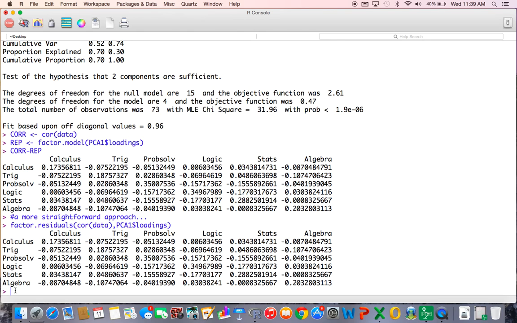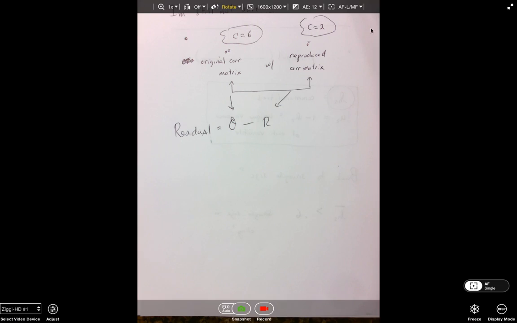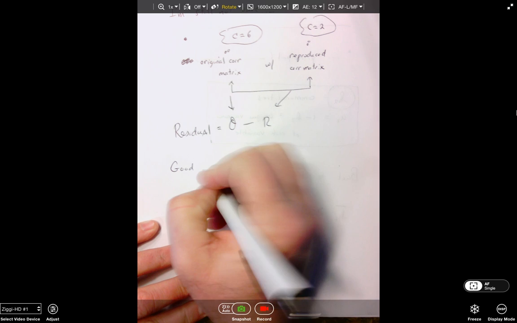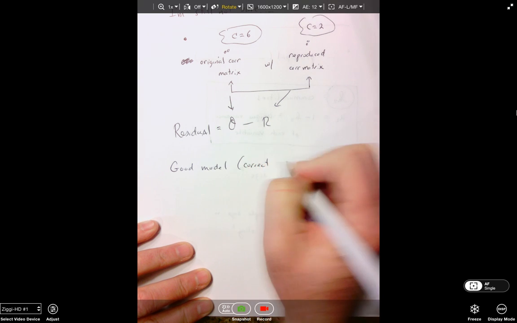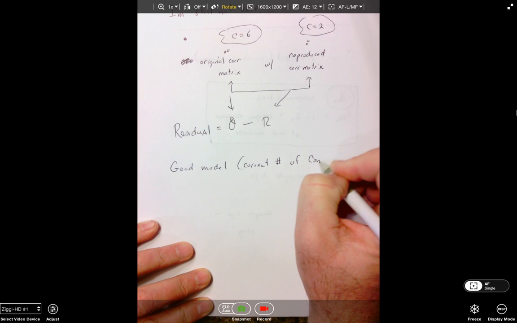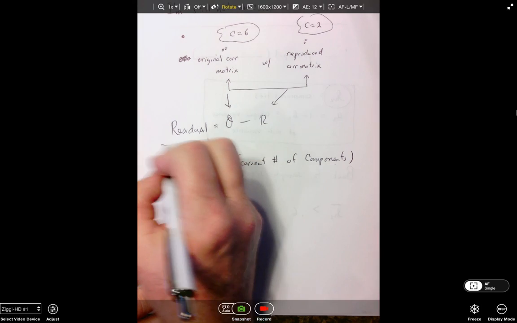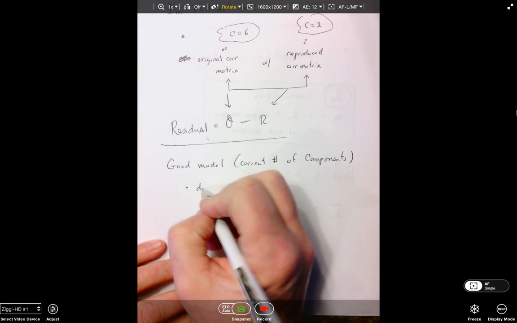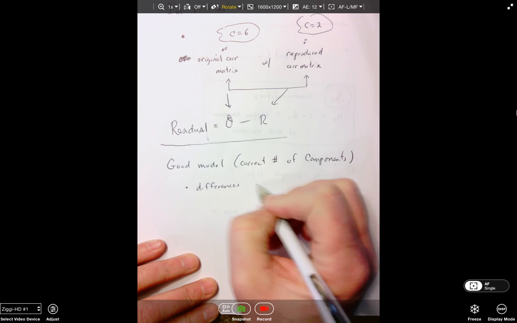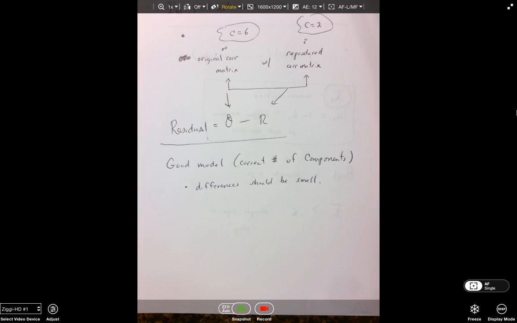Guys, these differences should be small. So for a good model, with the correct number of components, the differences in the correlation should be small.